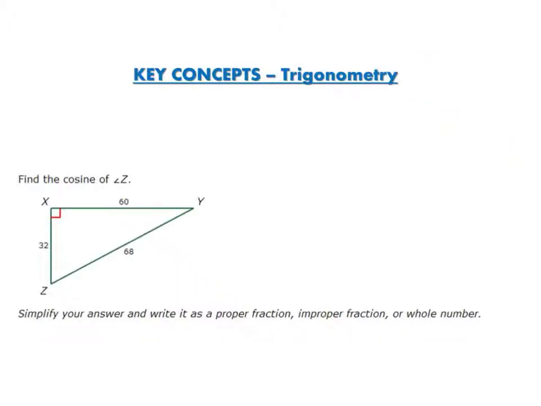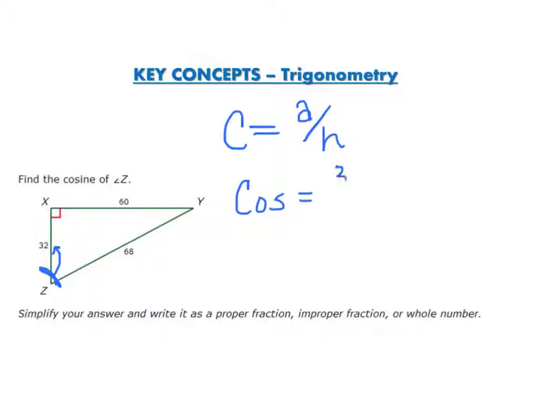Okay, this one is asking us to find the cosine of angle Z, and that's that angle right there. So, our ratio is the cosine equals the adjacent over the hypotenuse. SOHCAHTOA. So, the adjacent is the one right next to it.